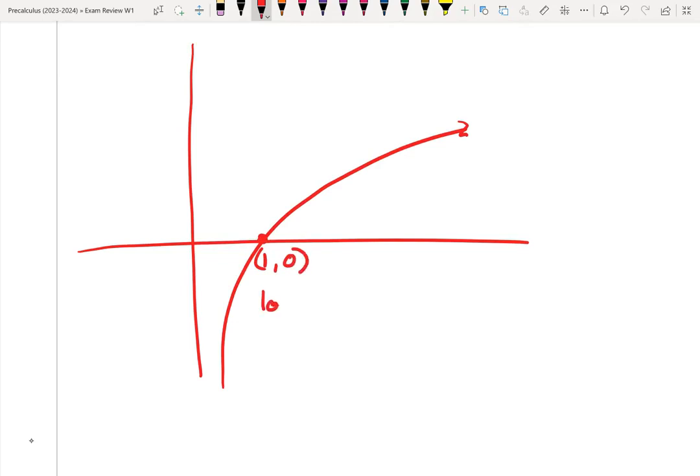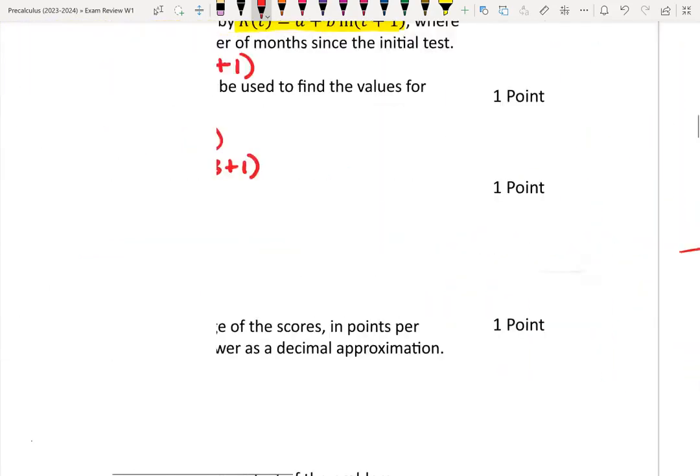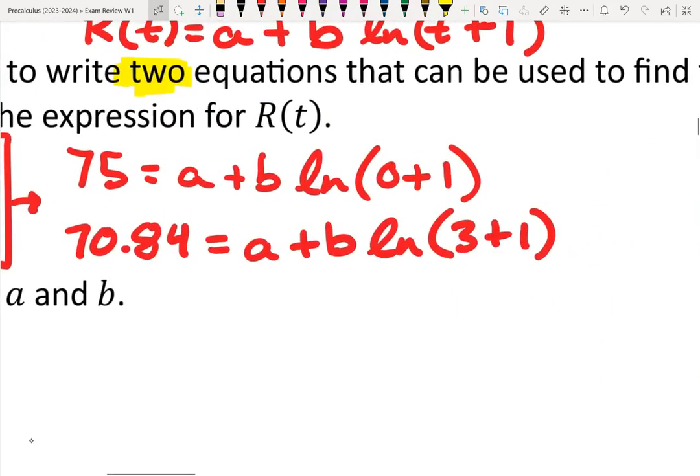So no matter what your base is, what is log of 1 regardless of the base? 0. Always. And notice what happens in this first equation. What do we have right here? Natural log of 1. And what would be natural log of 1? 0, automatically. That is something that you want to make sure you remember. It will help you go through this quicker.